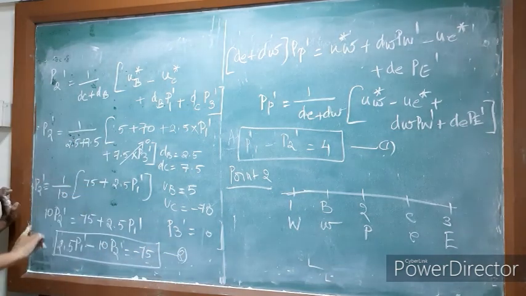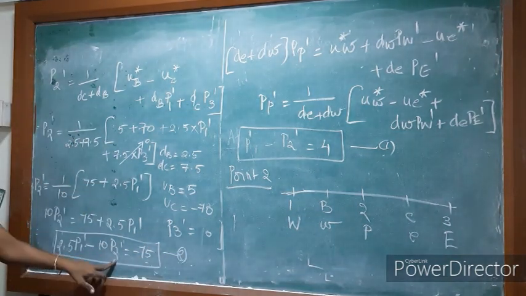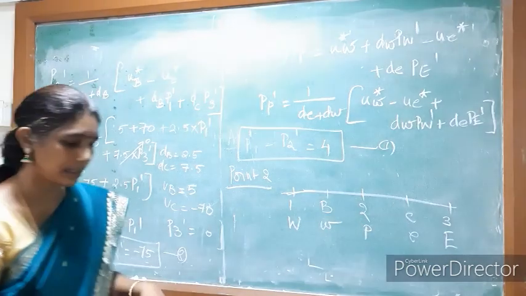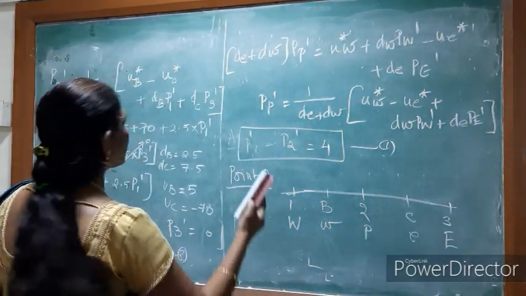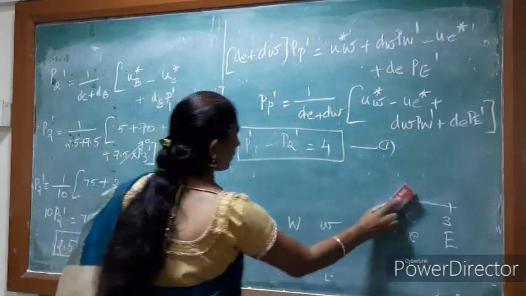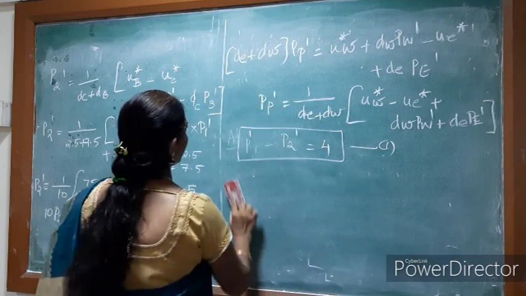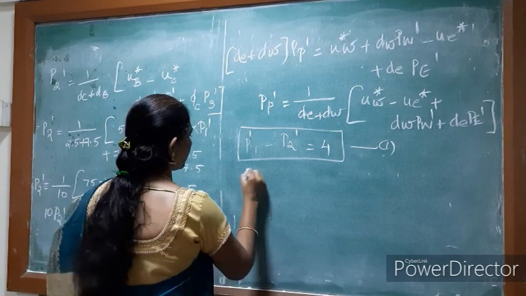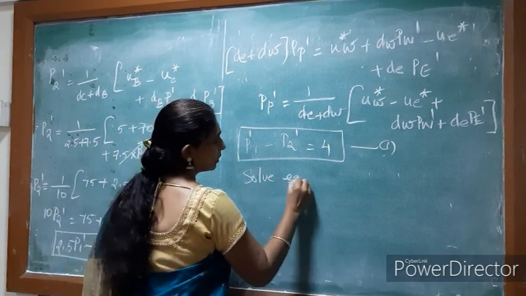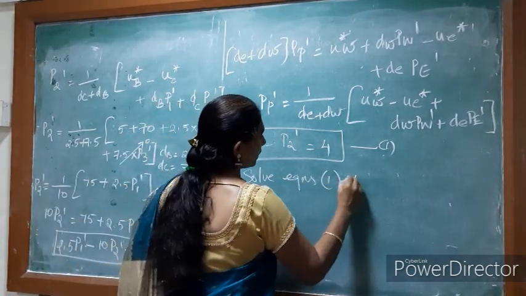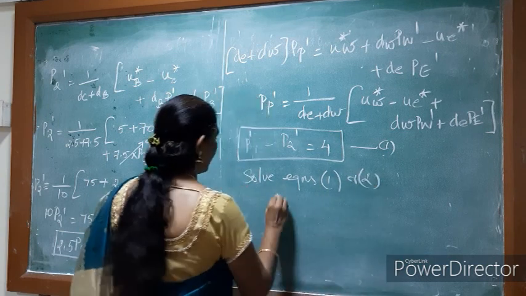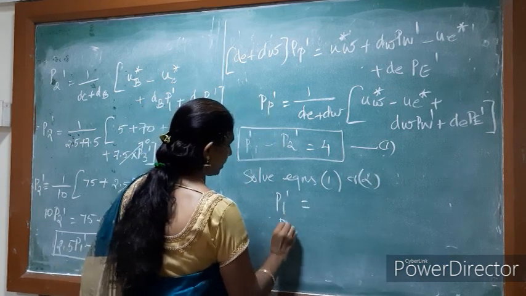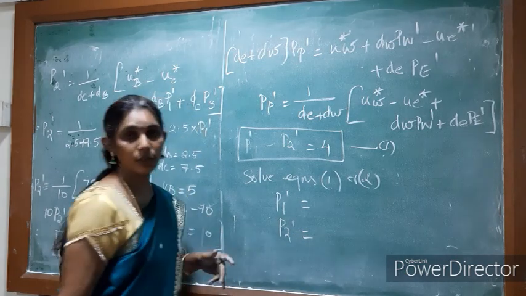We have two equations and two unknowns, that is P1 dash and P2 dash. So solving these simultaneous equations, what we will get? You can solve the equations 1 and 2 and check whether you are getting the values which I have got.